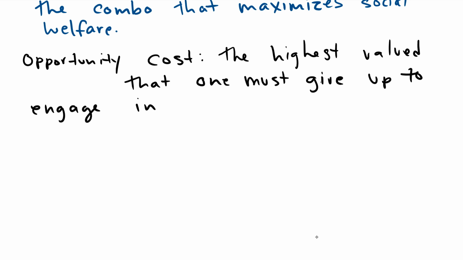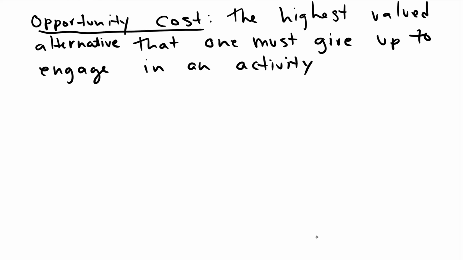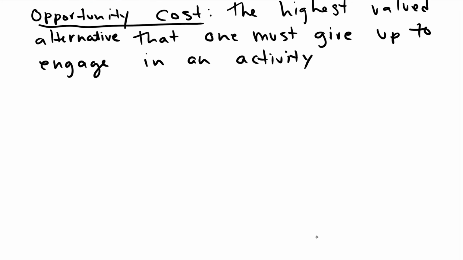Actually, let me change this word activity, highest valued alternative, because it's an alternative to engage in an activity. So anyways, we're going to see this opportunity cost in the context of our PPF. So let's go ahead and do that.